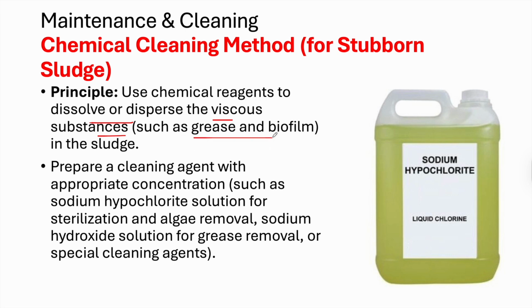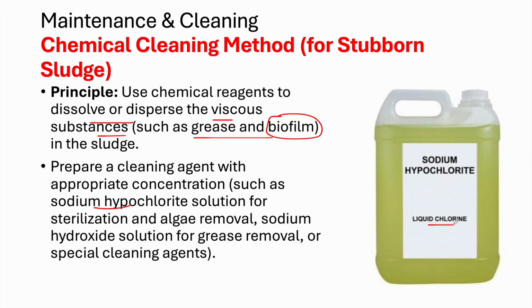As you know, our water can contain fat, oil, and grease. And with time I can have a formation of biofilm, and these can stick on the tube settlers. So I will need here to use some chemicals like sodium hypochlorite. Sodium hypochlorite is actually a chlorine solution, liquid chlorine, that can be added to the tube settlers.